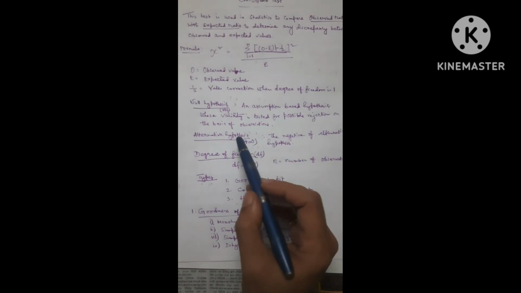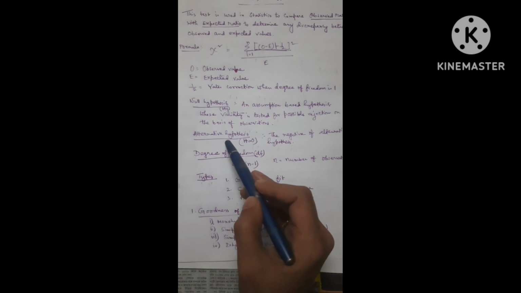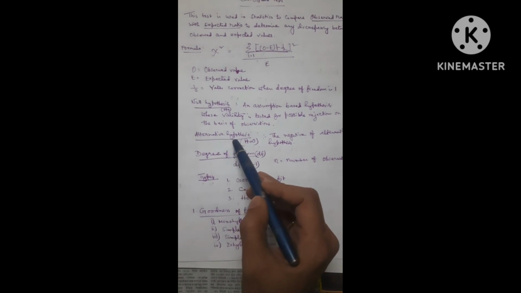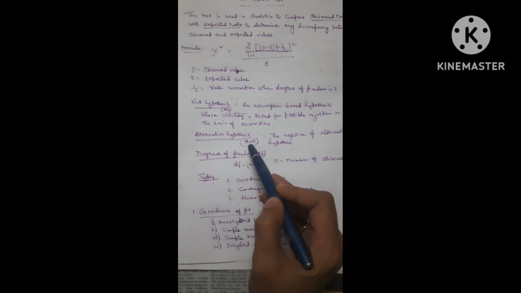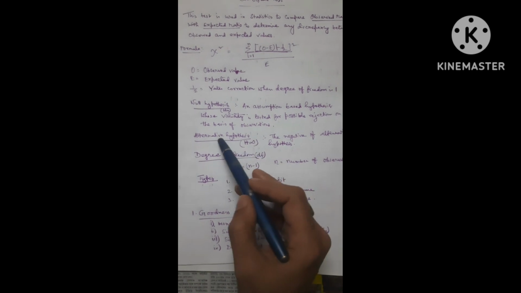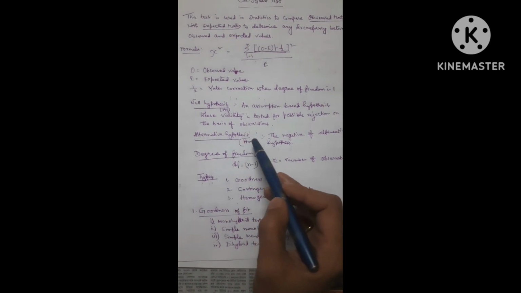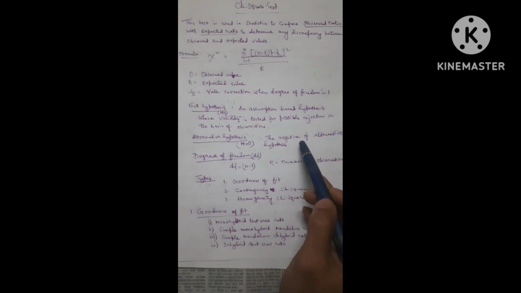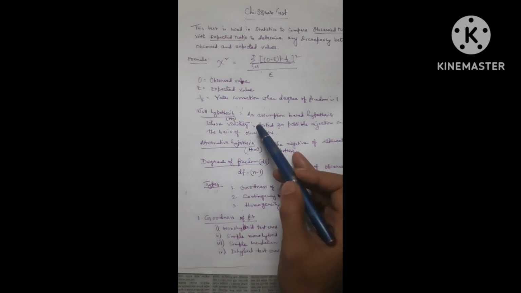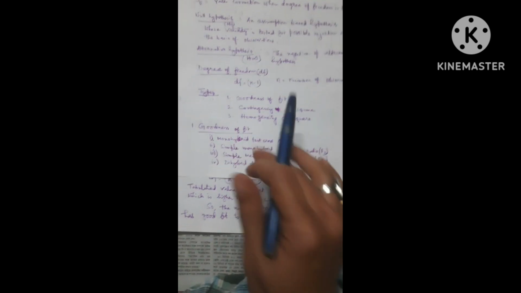And the alternative hypothesis is denoted as H1, or you may use this symbol. The alternative hypothesis is just the negative of the null hypothesis.